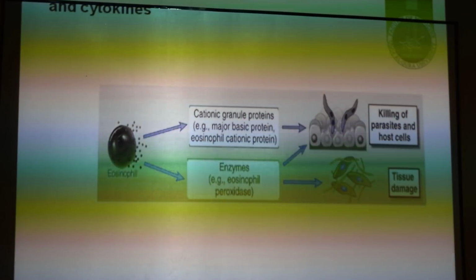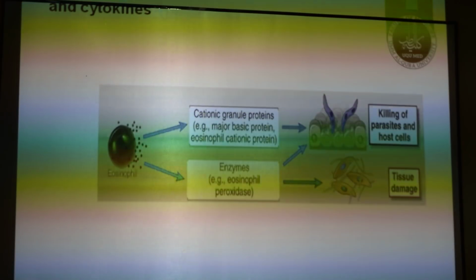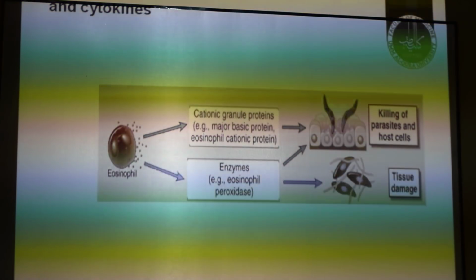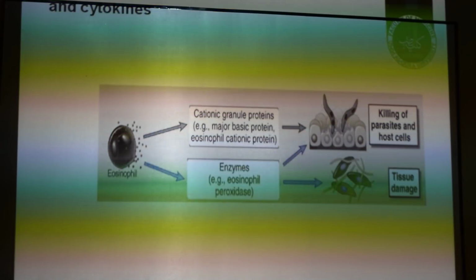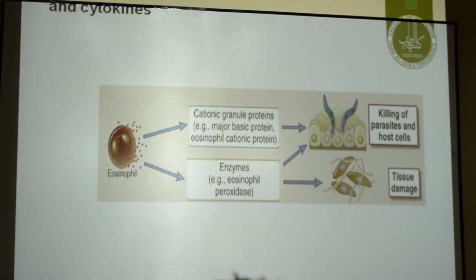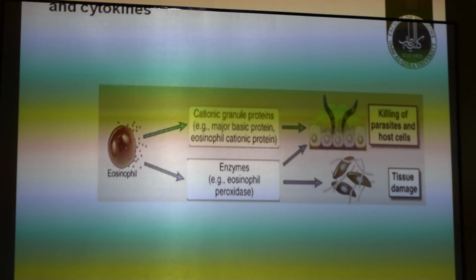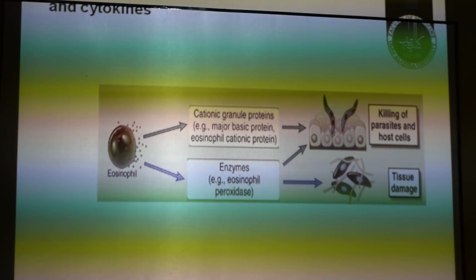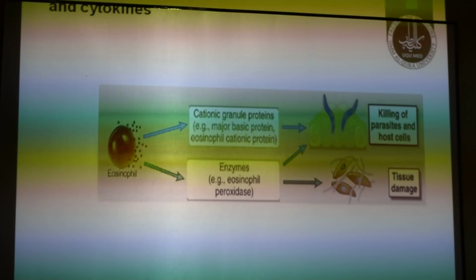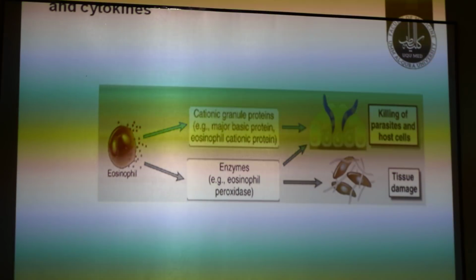A lot of eosinophils will cover the parasite, and then they will release their mediators like major basic proteins and peroxidases, and this will cause killing of the parasite directly. So during all this process, we are talking about IgE and mast cell effects in allergy, and this is just a small portion to remind you that eosinophils and Th2 cells can also help in killing of the parasites.